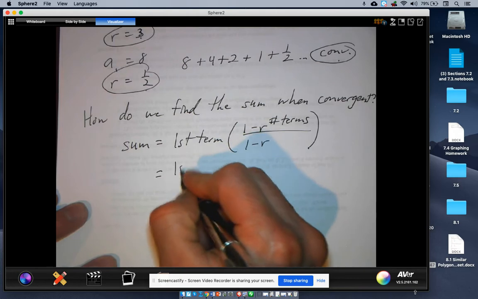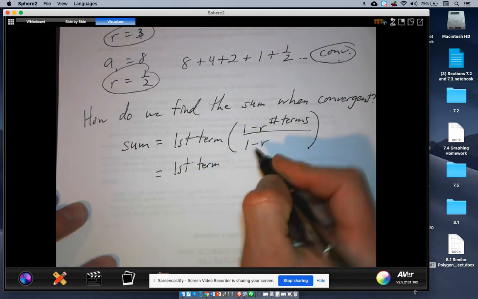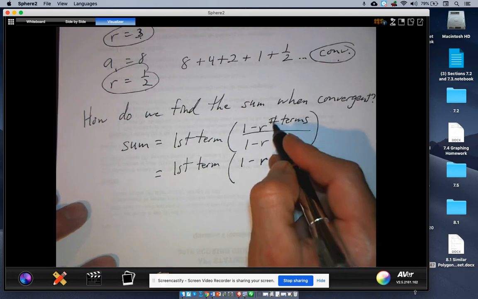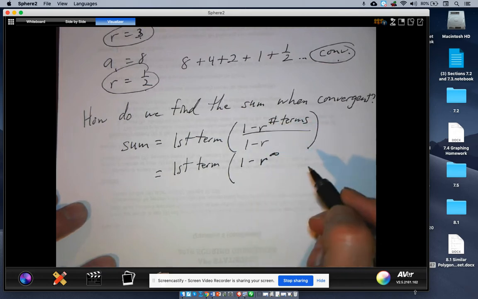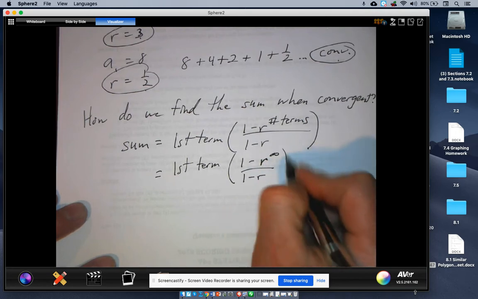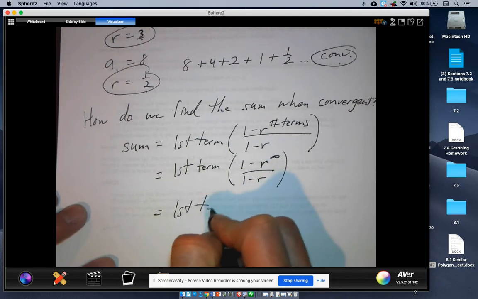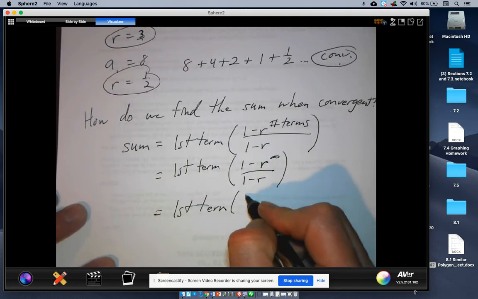So the first term, 1 minus, now this r value is still going to be there. The number of terms is infinity. Right, so I get an infinitely many number of terms. First term from yesterday, 1 minus.